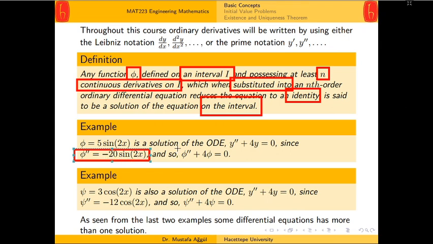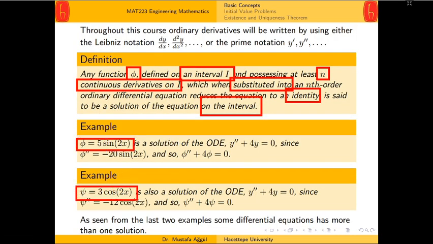Okay, so if we substitute this into the equation with phi itself, we will see negative 20 sine 2x plus 20 sine 2x, and this and that will cancel out, and we will see it equals 0. Okay, so it will reduce the ODE to an identity. So this means we have a solution to the ODE like this.